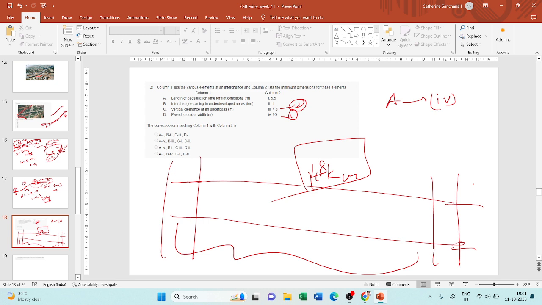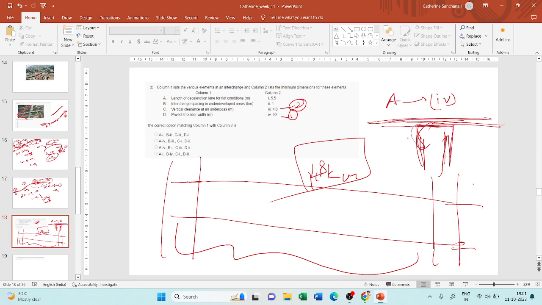Vertical clearance at an underpass. So what is vertical clearance and what is an underpass? You have a road which is in level with the surface, and you have another road which is perpendicular to it, going through, at a lower level than this road. So this is an underpass. Why do I call this an underpass?